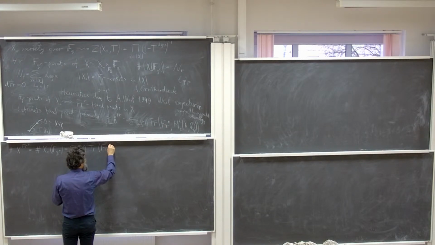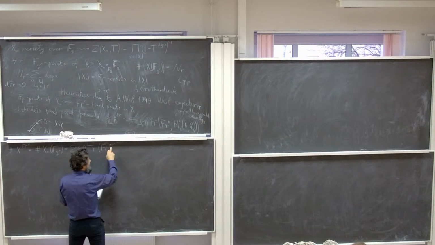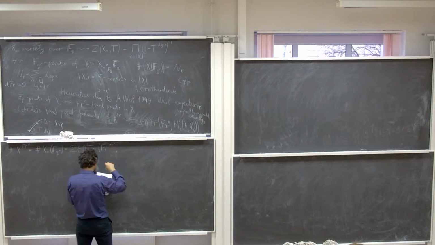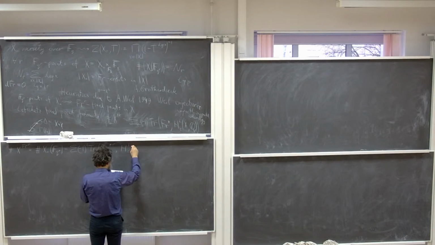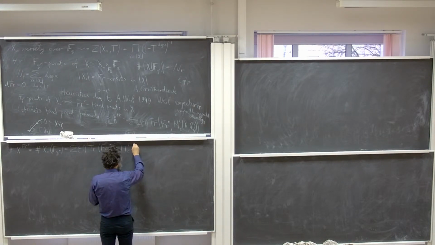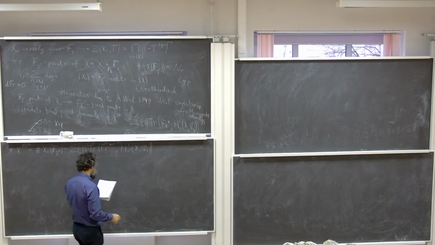It's the induced endomorphism of cohomology. This star means the endomorphism induced by Frobenius on the ith compactly supported cohomology of X with coefficients in Q_l. Okay, fine.